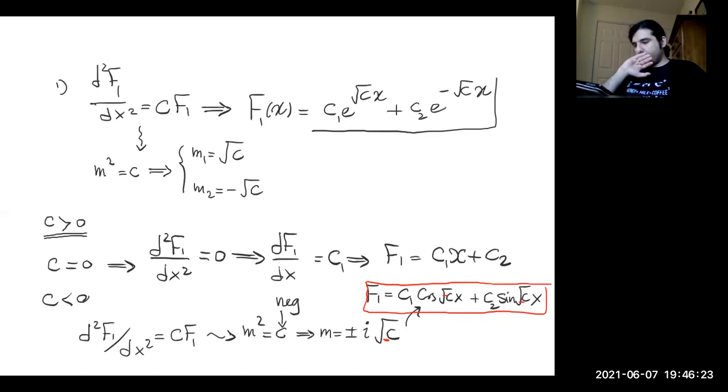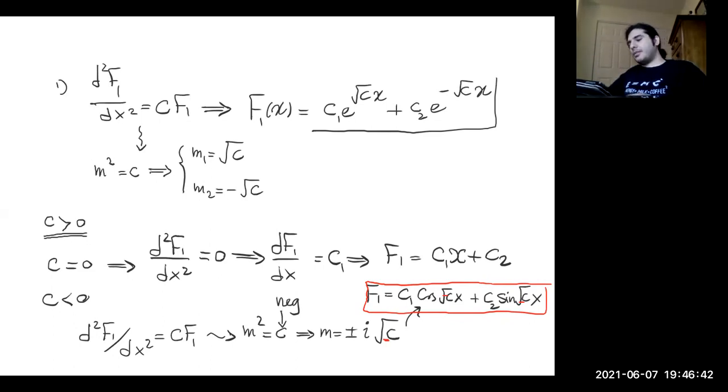Okay, great. So we have these three solutions. When c is positive, we have e to the alpha x. When c is 0, we don't even need that. When c is negative, we have cosine and sine.